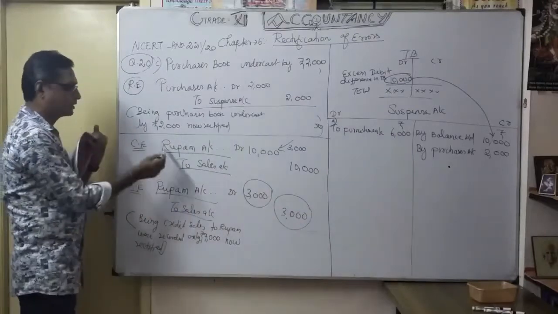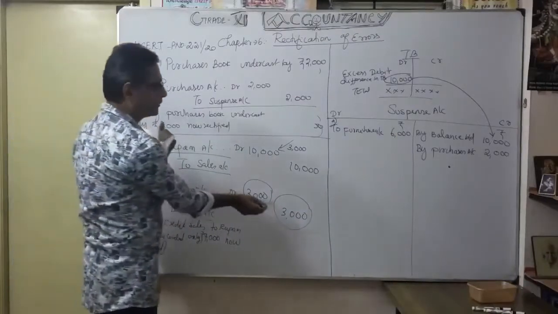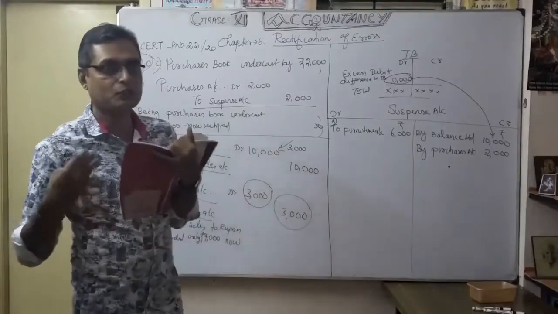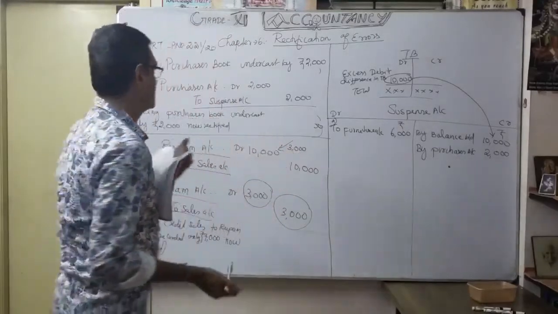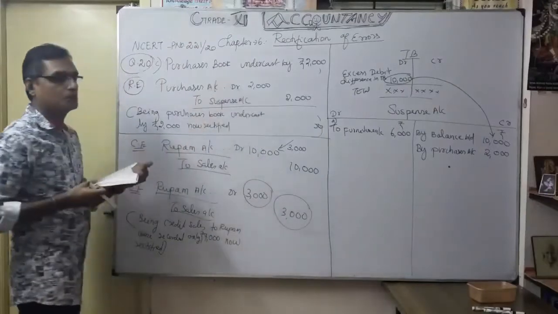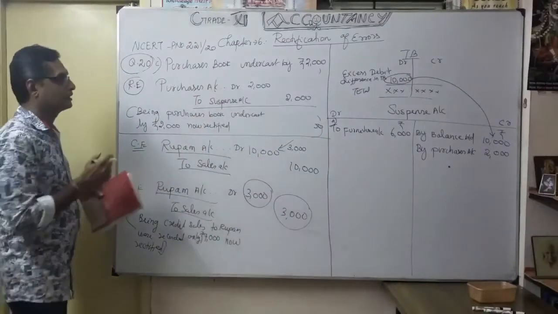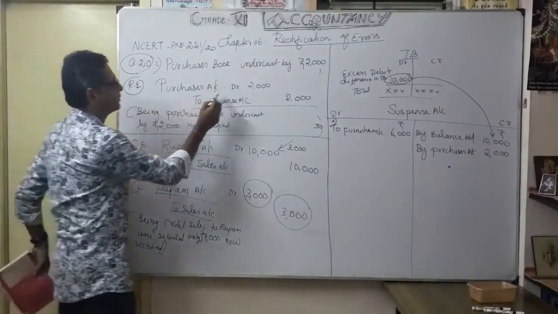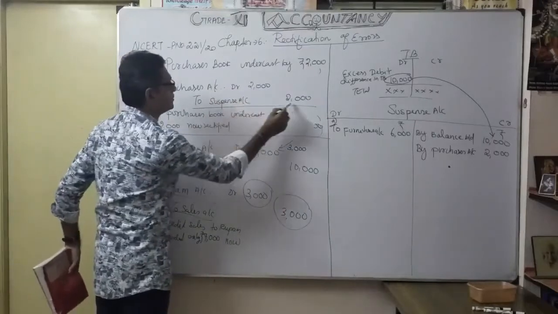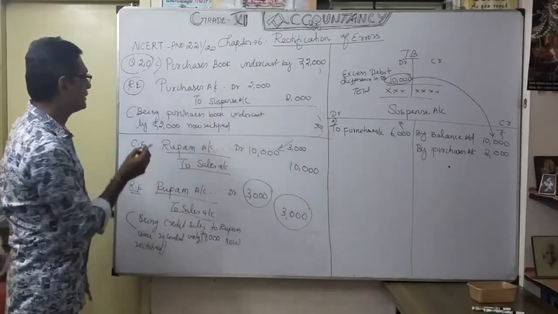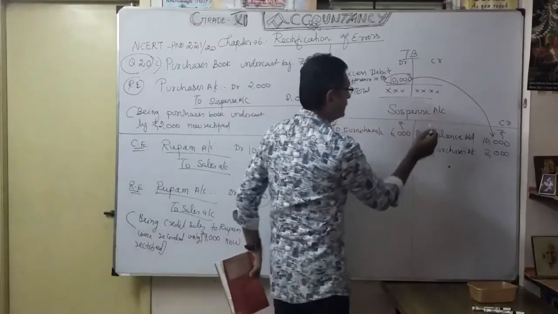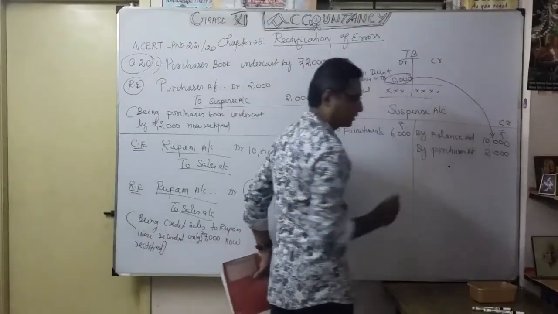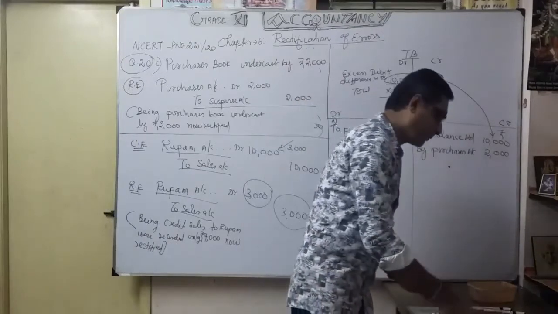As usual, the same entry is given, only the difference amount. So naturally the cash account increased by 3,000, similarly the sales account also increased by 3,000. But here, as the purchases book is under cost by 2,000, directly the rectification entry: purchase account 2,000 to suspense account 2,000. After the narration, it is rectified immediately, so whatever suspense account was opened, by purchase account 2,000. You understood our third one now.